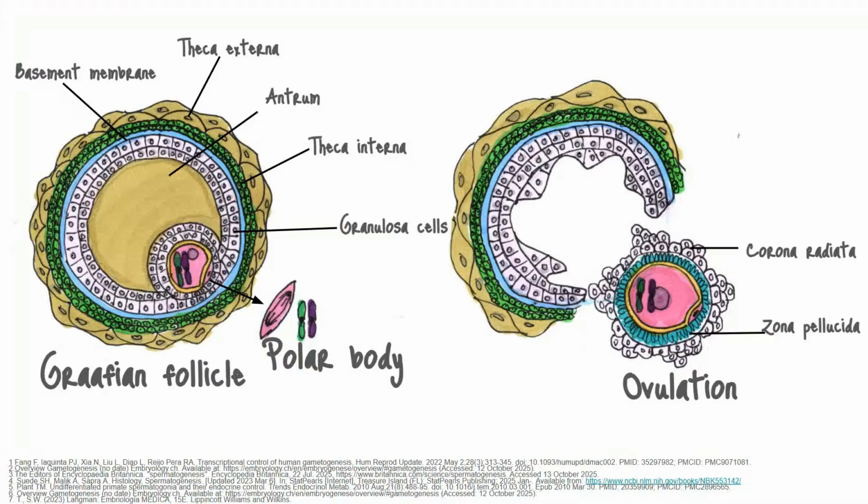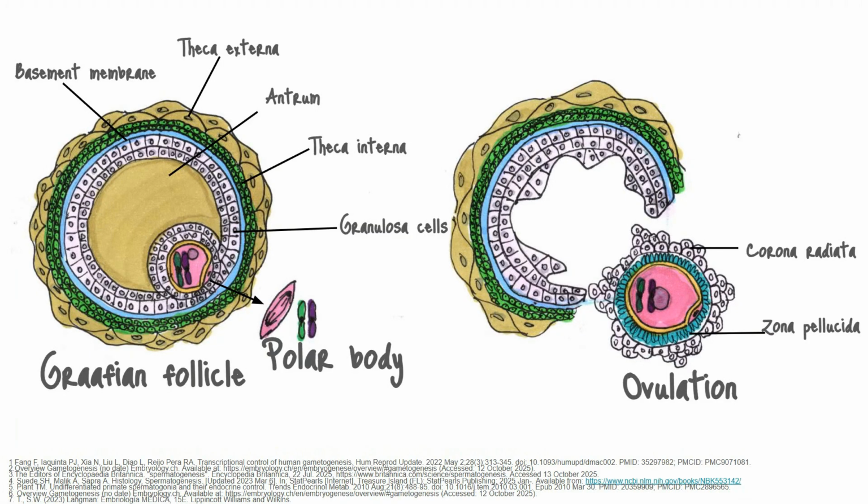Let's view its parts. It has a theca externa and a theca interna, but only the theca interna is secretory and produces androgens. Then, the granulosa cells will use these androgens and transform them to estrogens. The first polar body may undergo a second meiotic division, and it could be a cause of fraternal twins.